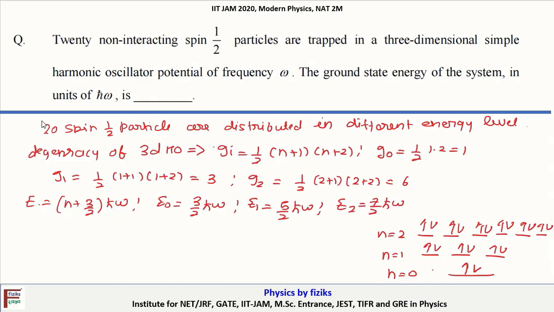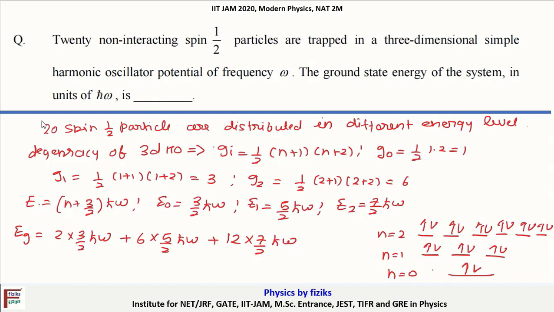Now the total energy would be 2 into 3 by 2 h cross omega plus 6 into 5 by 2 h cross omega plus 12 into 7 by 2 h cross omega.